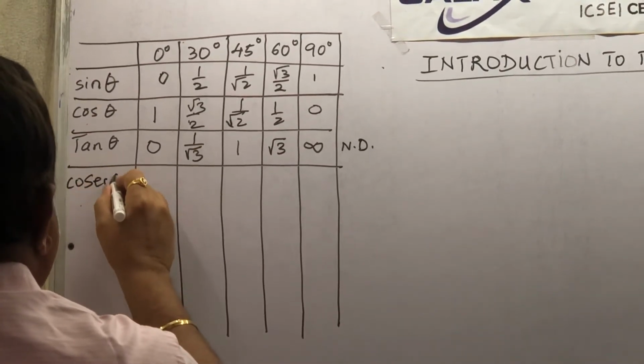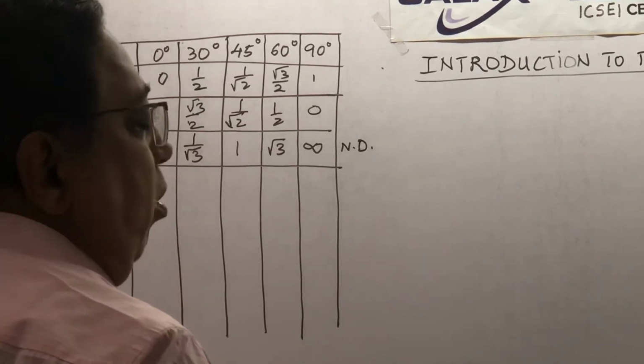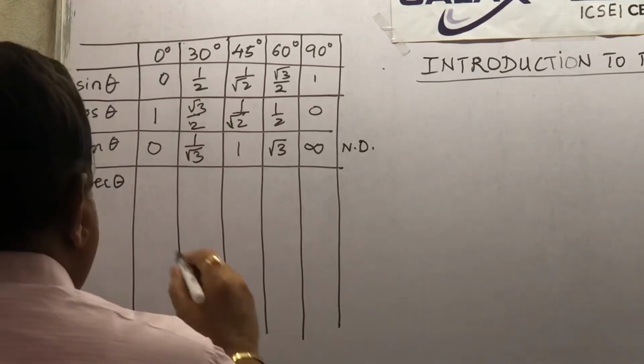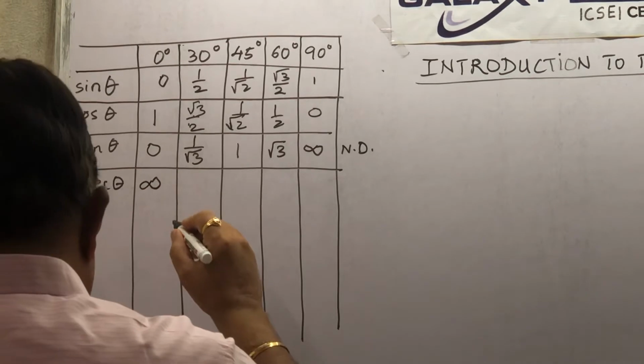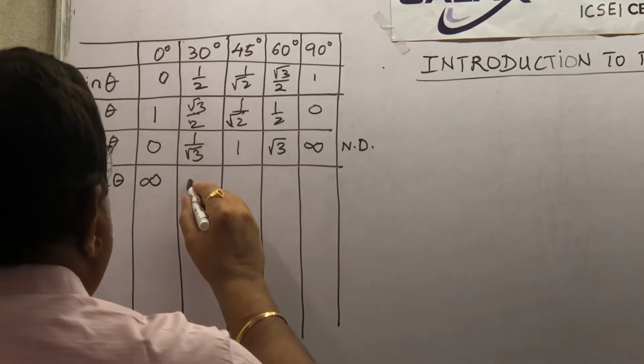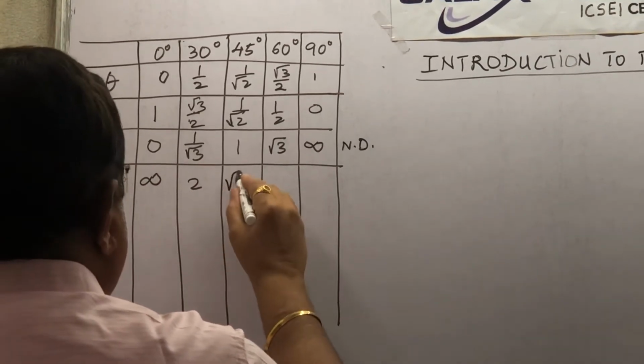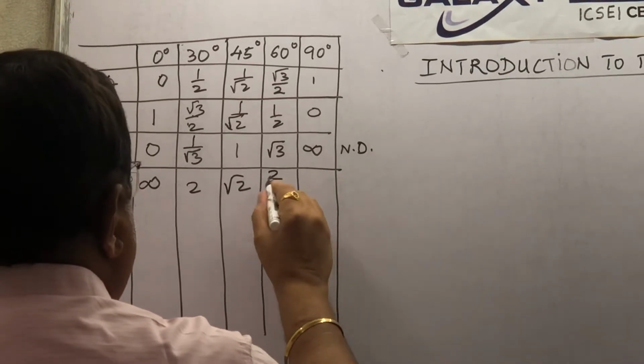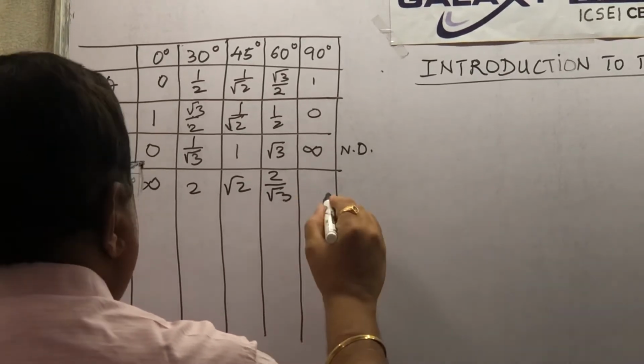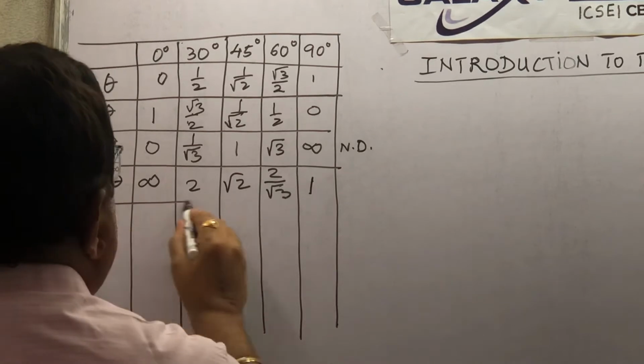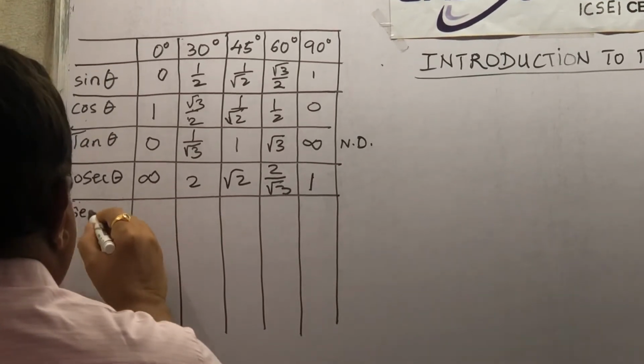So cosec theta is inverse of sine theta. So first we cannot define, second we have 2, third we have root 2, then we have 2 upon root 3, and then we have 1. You write in the reverse order, you will have sec theta.